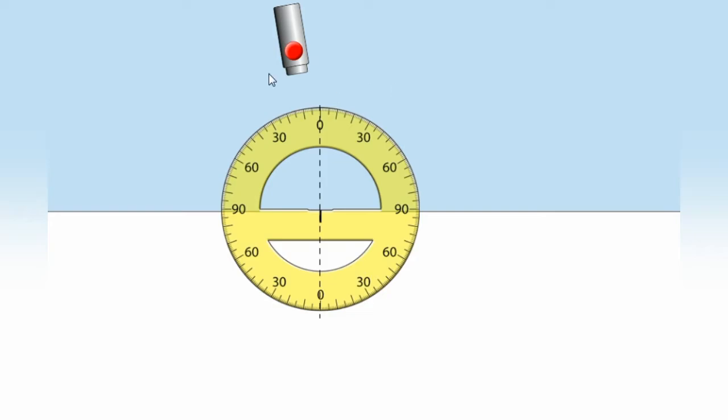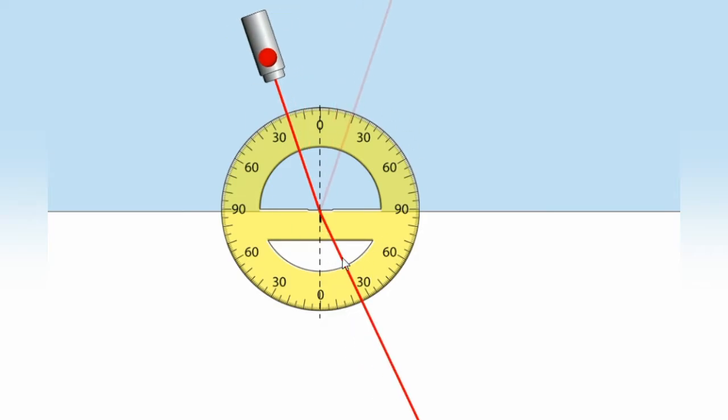But when we consider a transparent medium and incident light onto it, part of the light is reflected and part of the light is refracted. This is what you can see here. The incident light splits into a reflected light as well as a refracted light.